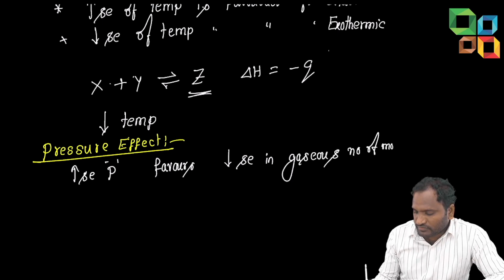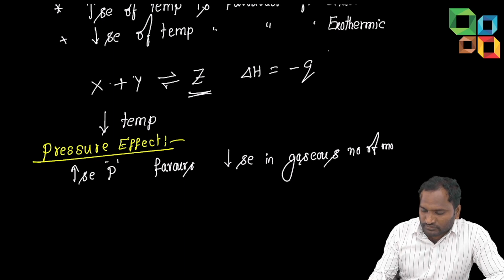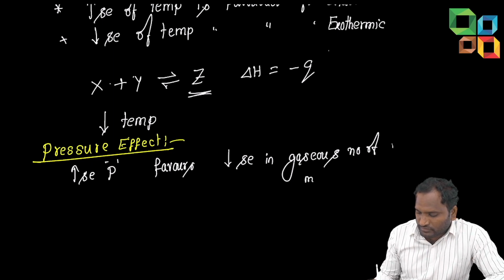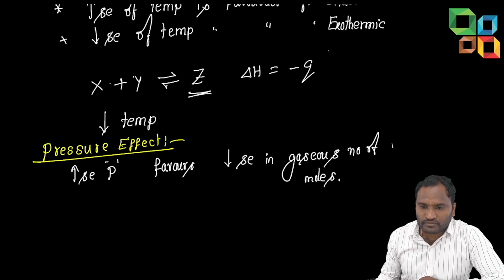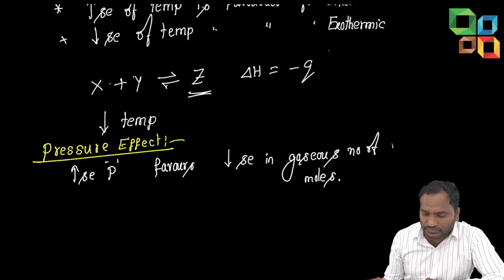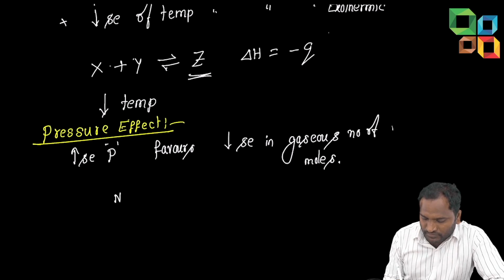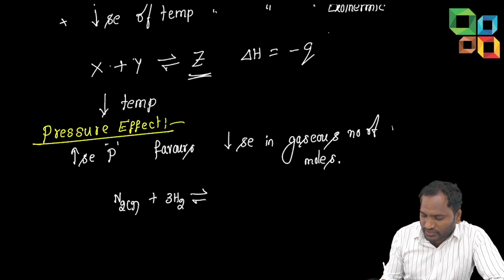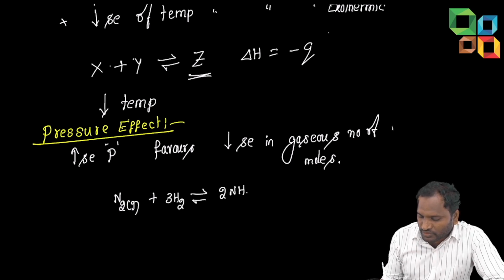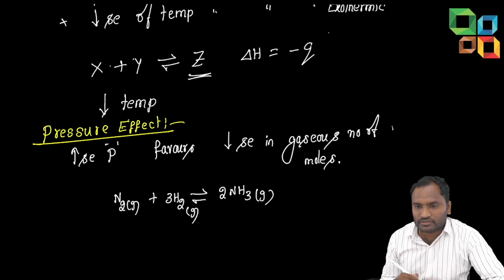Example I will take, N2 gas plus 3H2 gas in equilibrium with 2NH3 gas. If I explain with an example, you can understand it better. All are gases only.